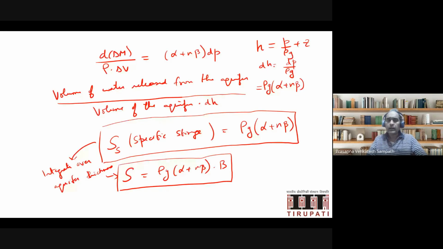So that's the classic difference between how a confined aquifer behaves and how an unconfined aquifer behaves. In the case of the unconfined aquifer, the predominant mechanism by which water is released is drainage by gravity, right?